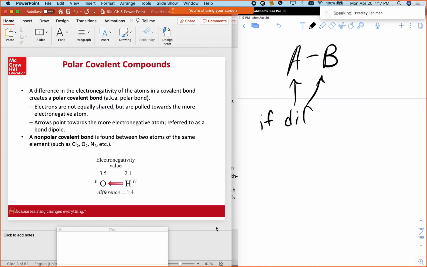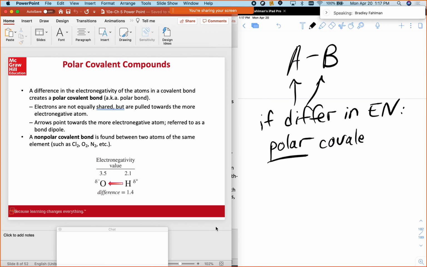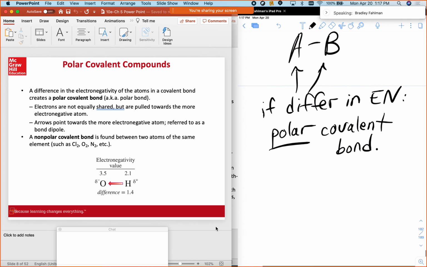Okay, so if they differ in electronegativity, then that's known as a polar covalent bond. Okay, so basically if you have two different atoms, then that means they will be bonded by polar covalent bonds.